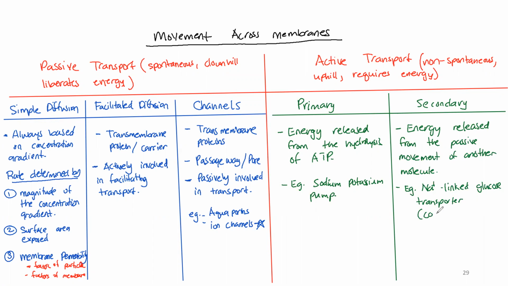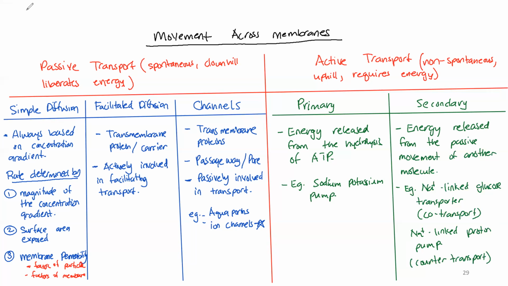And that was co-transport. The other example we gave was the sodium-linked proton pump. And that is basically counter-transport, right? Hydrogen ions are going out of the cell, sodium is going into the cell. So this is an example of counter-transport.